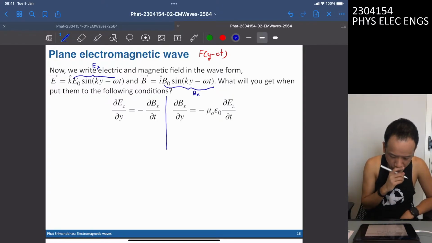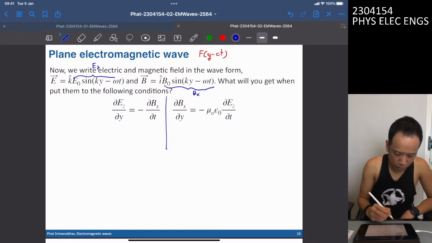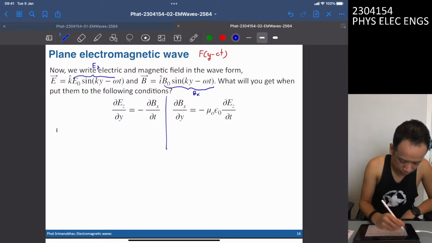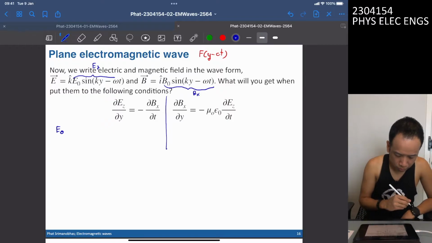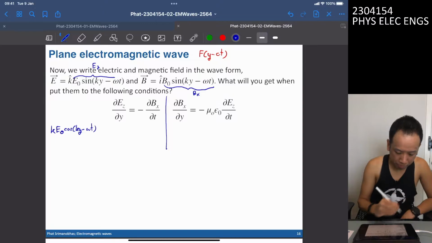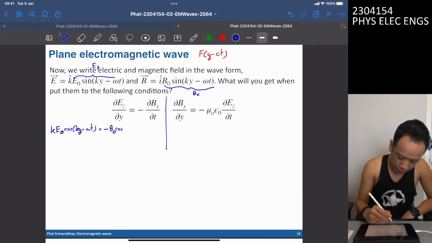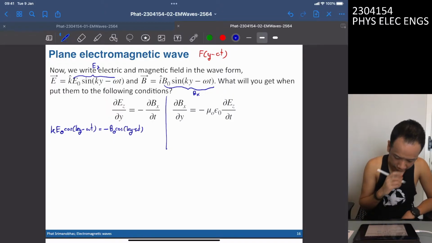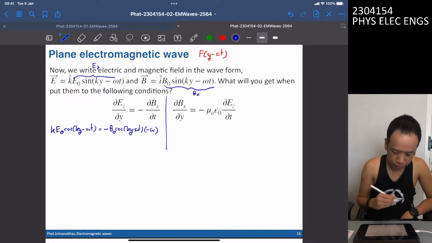Differentiating with respect to y, what you get is E0 differentiate the cosine, cosine of ky minus omega t, and then you get k, equal to minus B0 cosine of ky minus omega t, and then you have the minus omega.